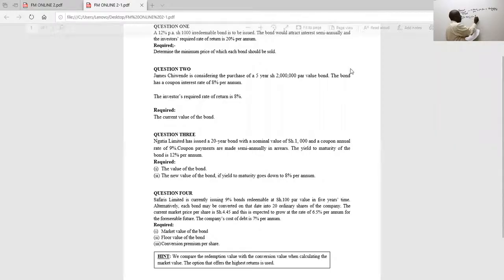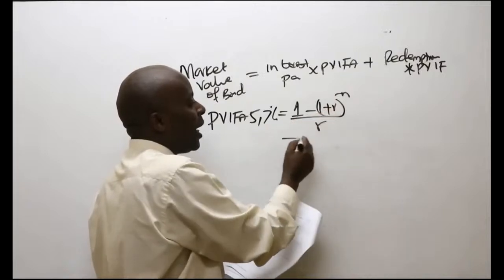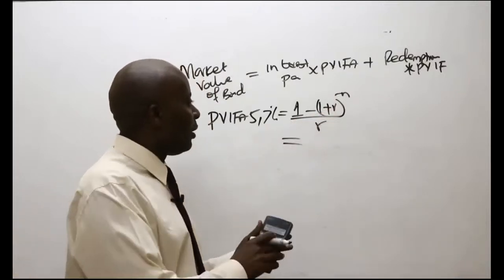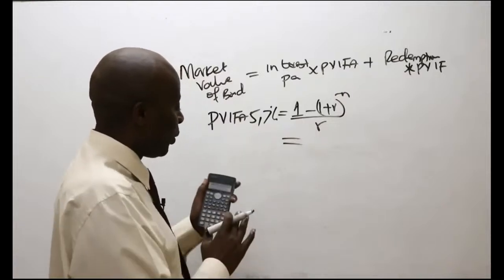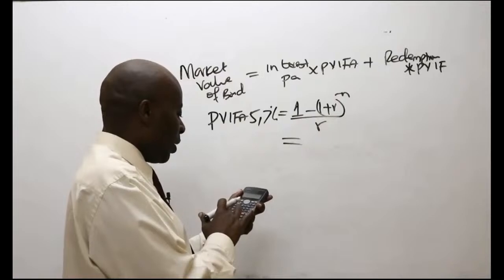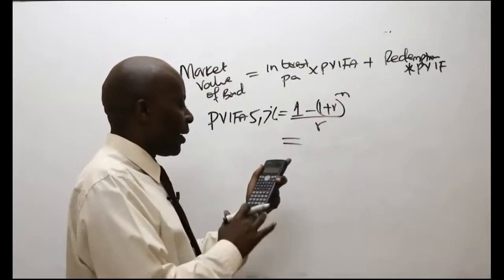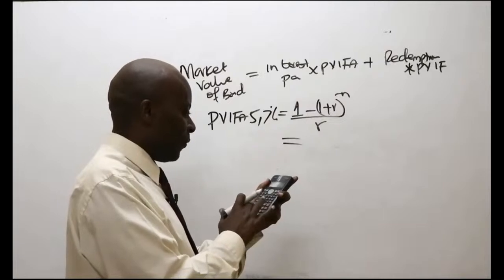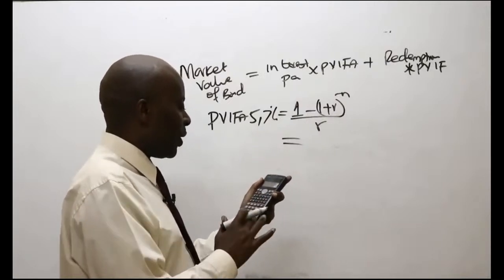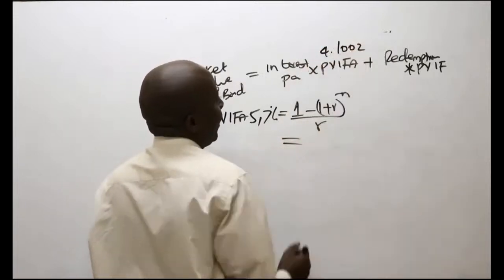The formula is 1 minus (1 plus R) raised to negative n, all divided by R. So this will be 1 minus 1.07 raised to negative 5, divided by 0.07, which is 4.1002.